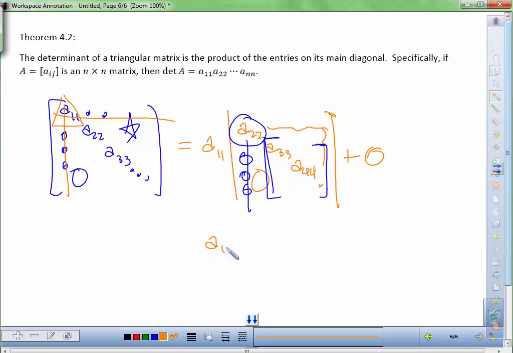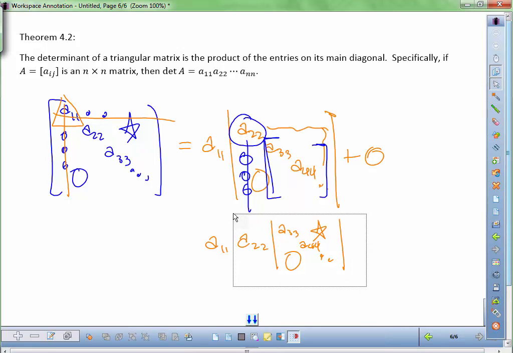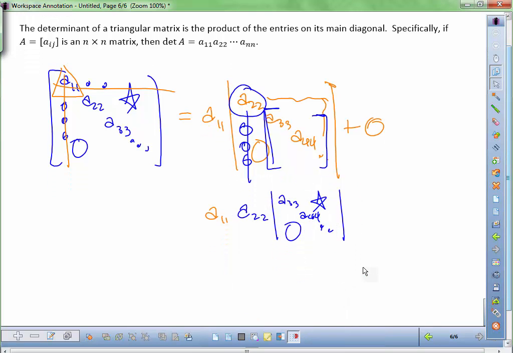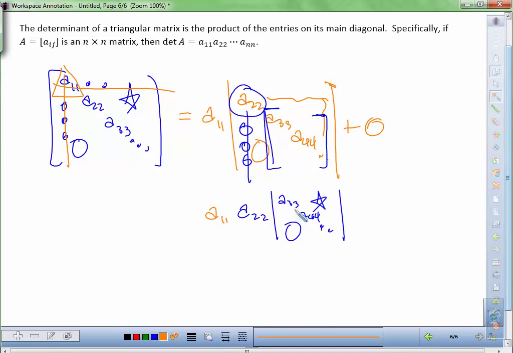So I have my A11, and now my A22 times A33, A44, dot, dot, dot, stars and zeros. So that's my next step, and then if I go one more step over here and decide that I want to expand on the column again, where I know that there's going to be zeros, then I get A33.